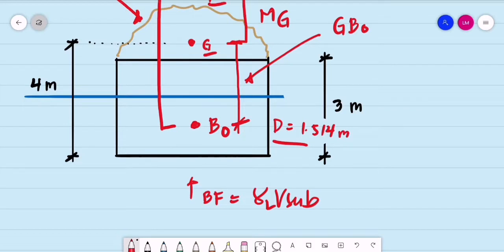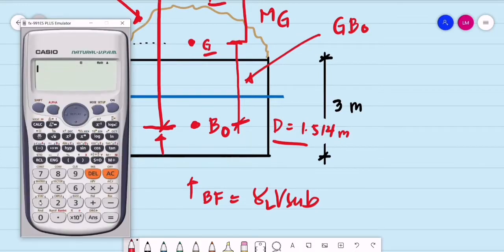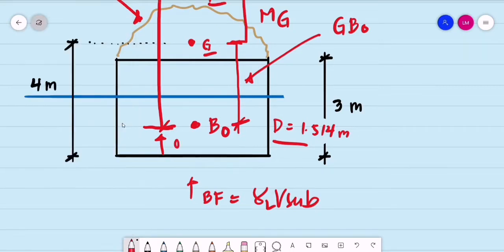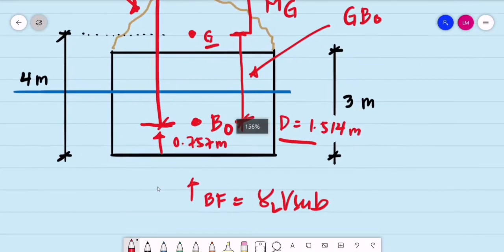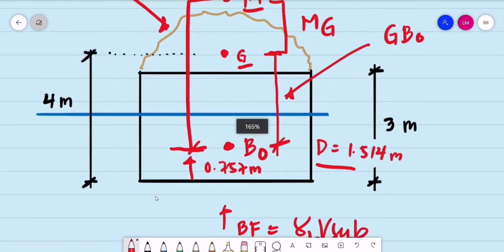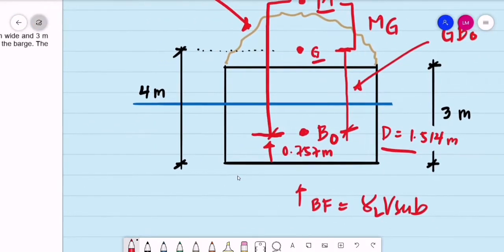So, to locate the center of buoyancy from the bottom, it is just half of that value, half of the submerged height. So, that is 1.514 divided by 2, equal to 0.757 meters. So, the location of the center of buoyancy is 0.757 meters from the bottom of the barge.